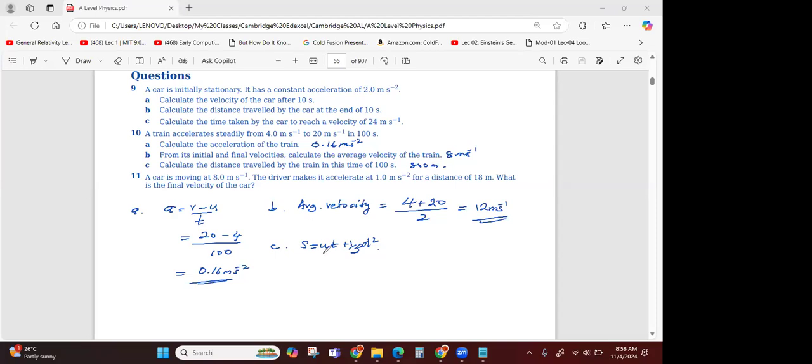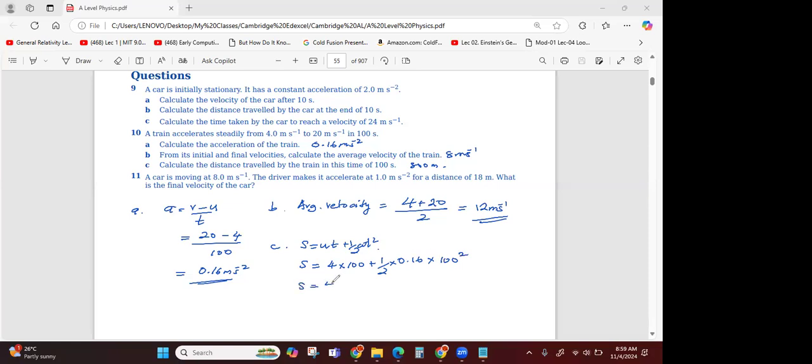Here S equals u, the initial velocity, is 4 into 100 plus half into acceleration 0.16 into time 100 squared.